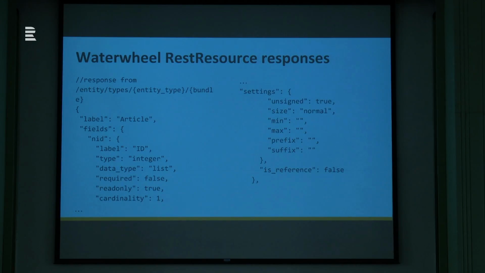The Waterwheel resource response for the bundle has even more parameters with the settings for each field. So you are getting a JSON response for each field, and each of the field parameters you can get inside the settings.